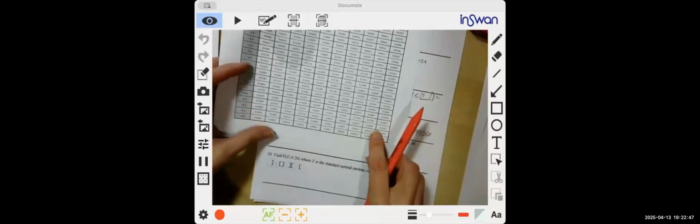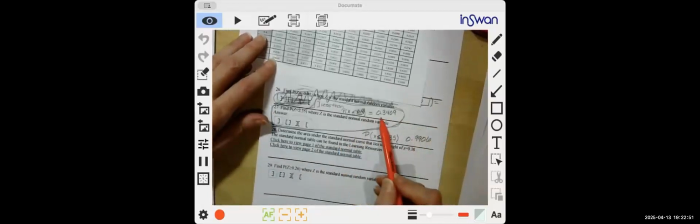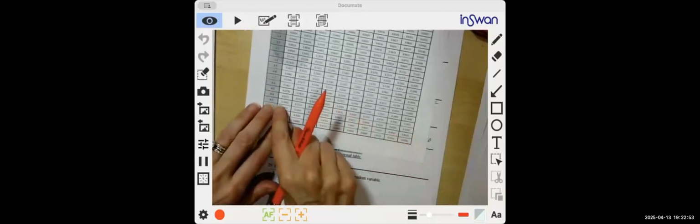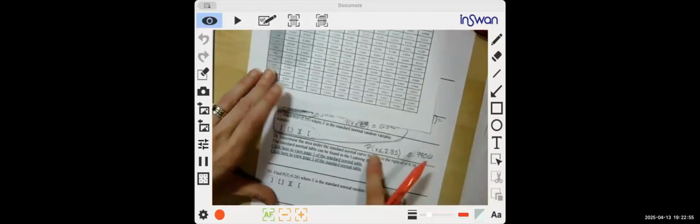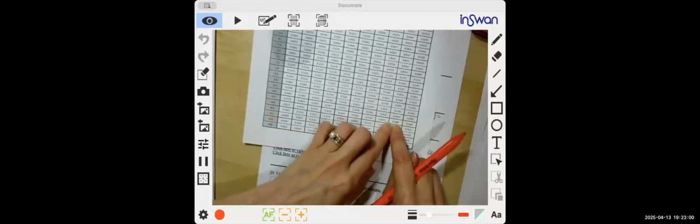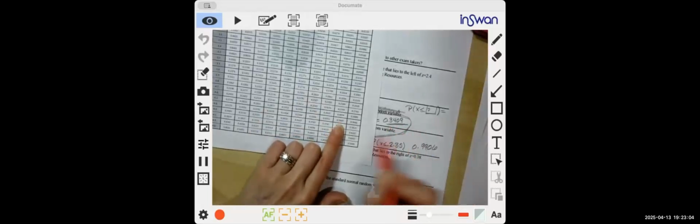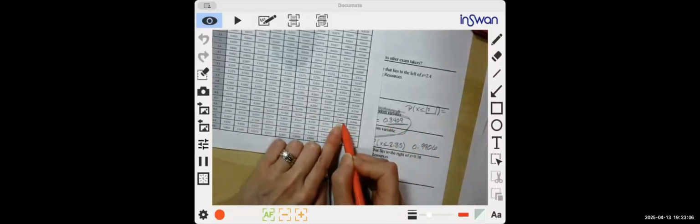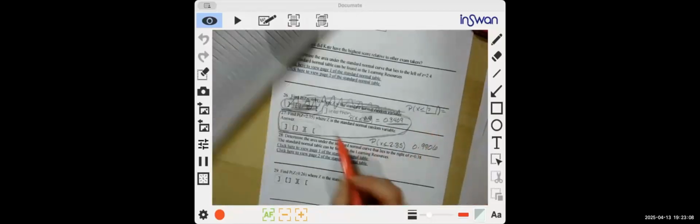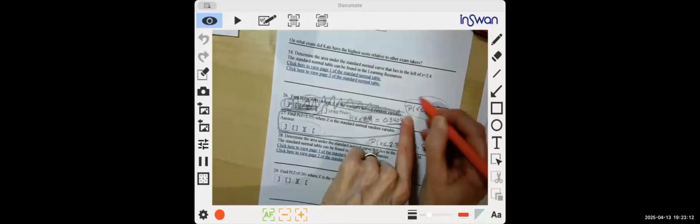Maybe it's a little bit closer. 0.3409. Oh, it is exactly the same on this one. That's good. 0.3409 and 0.3409. But this one has the applet where this is there.